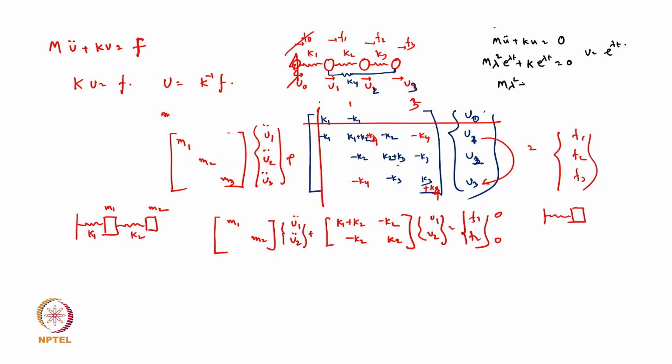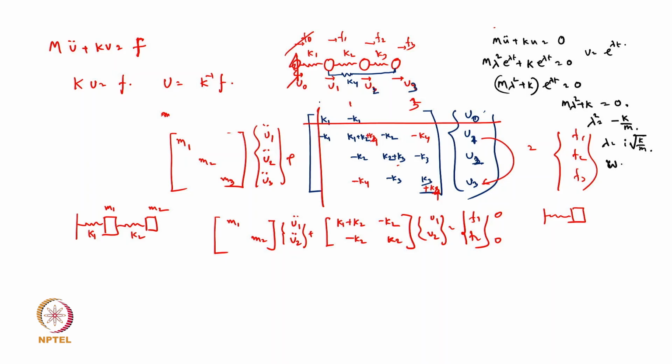So we say m lambda square plus k is equal to 0. And from here we get lambda square equal to minus k by m, and lambda equal to i times root over k by m.